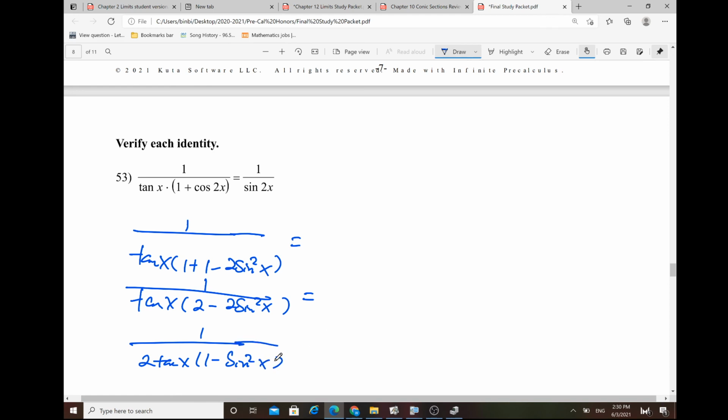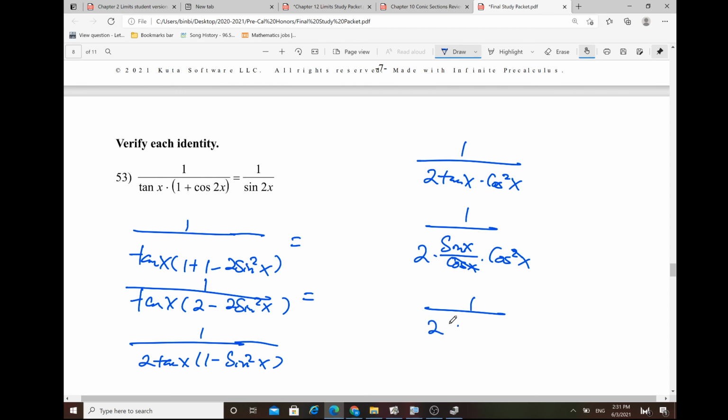By using the Pythagorean identity, this is considered 1 over 2 tangent of x times cosine square of x. Now you've got to be very careful. The denominator is considered 1 over 2 sine x cosine x, and then this cosine square of x reduces. So what's left here is just 1 over 2 sine x cosine x.